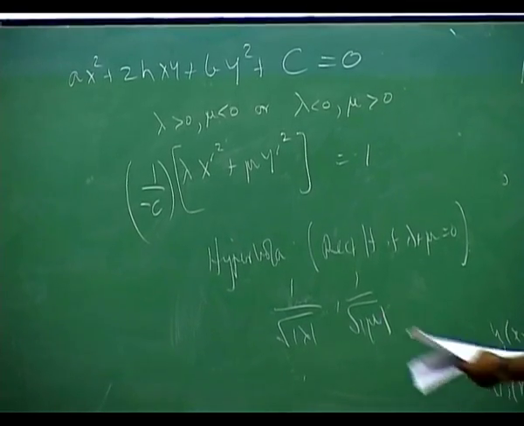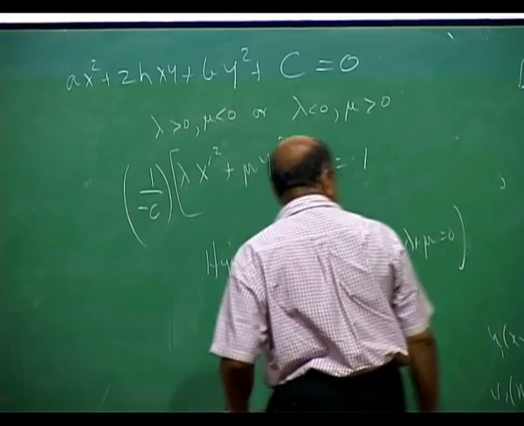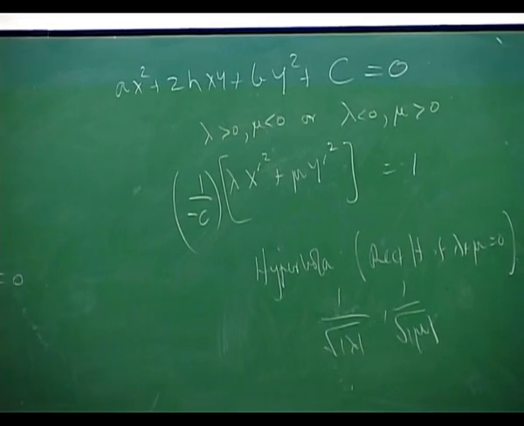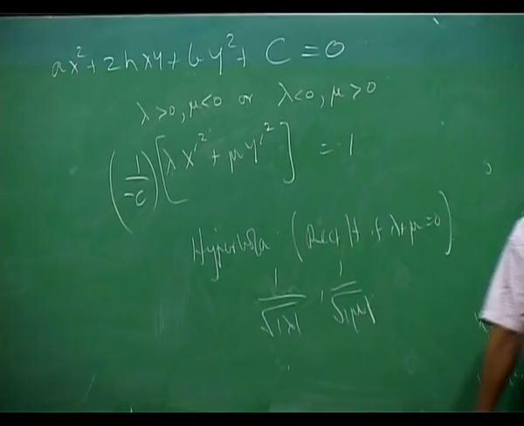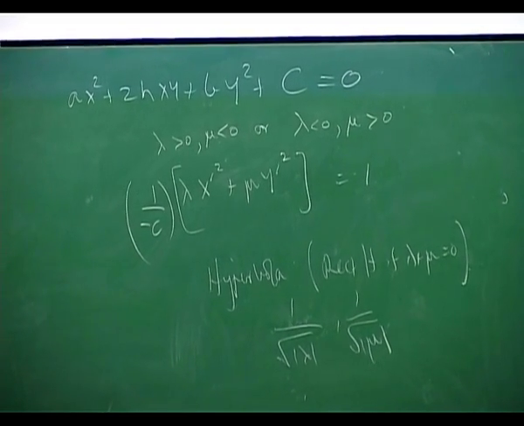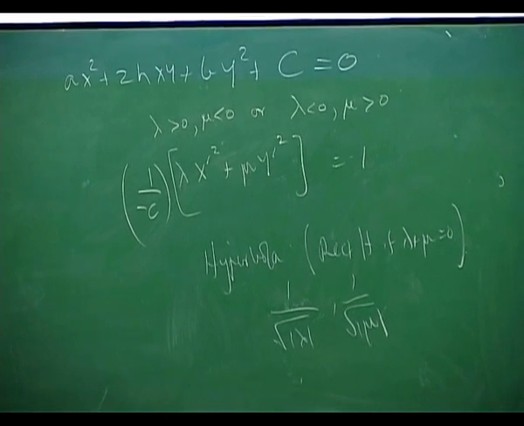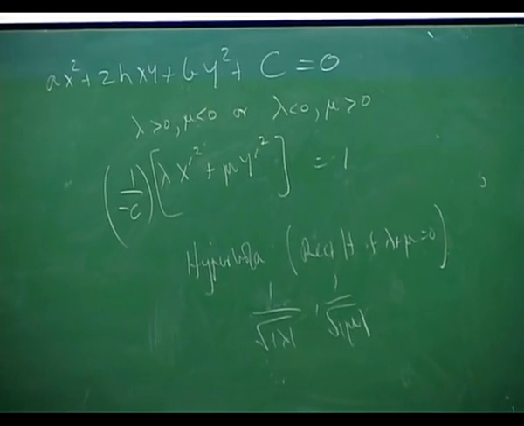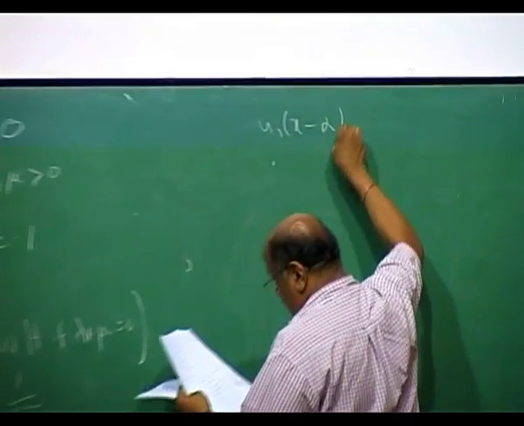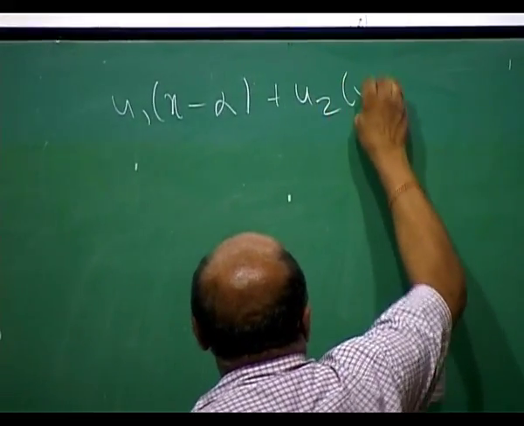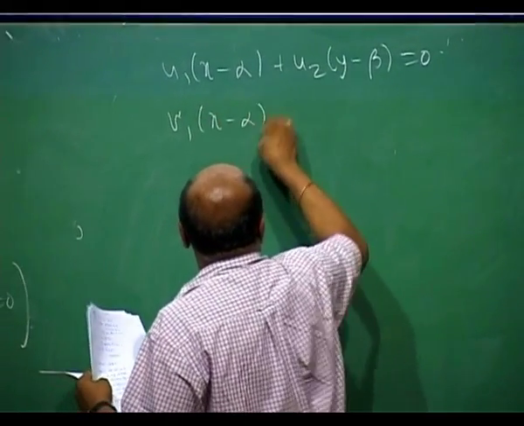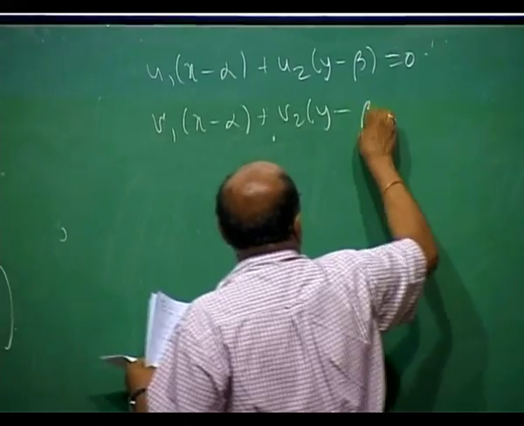And what are the axes? Axes are u1 times x minus alpha plus u2 times y minus beta equal to 0, and v1 times x minus alpha plus v2 times y minus beta equal to 0.